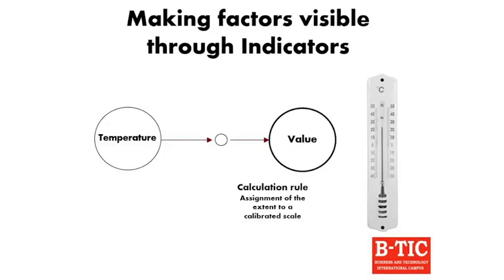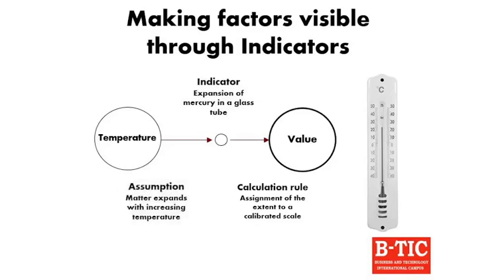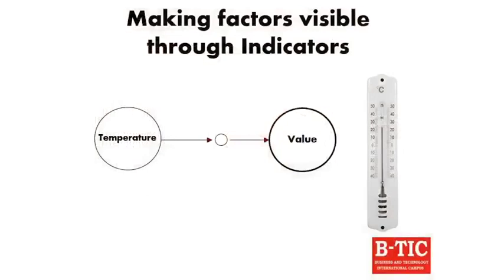What we use is the expansion of mercury in a glass tube. The mercury will indicate the temperature of your body, because we assume matter expands with increasing temperature. The expansion of mercury in this thermometer is the indicator that will give the readings of your temperature. So the same principle is applied for any other variables if you want to measure.